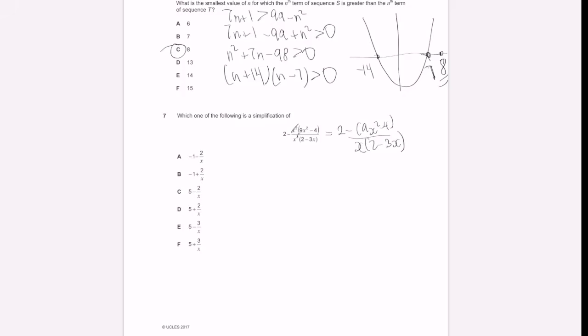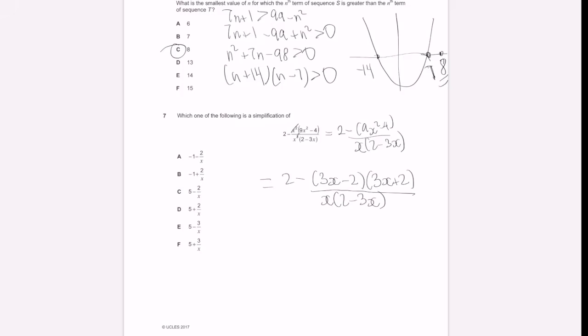We can probably then use the fact that we have a difference of squares just above. So this will just be equal to (3x − 2) multiplied by (3x + 2) upstairs, and what we're going to have left is x(2 − 3x).